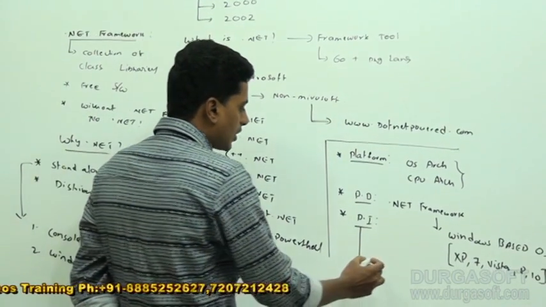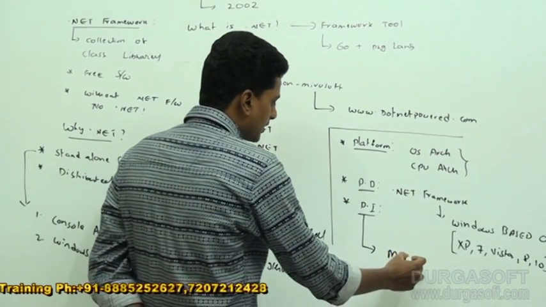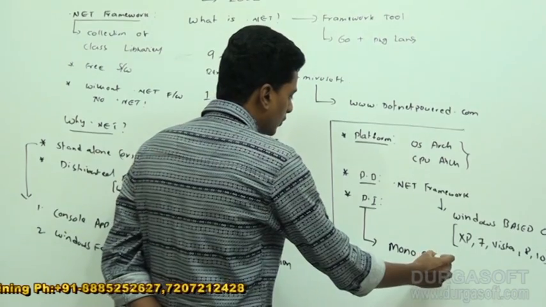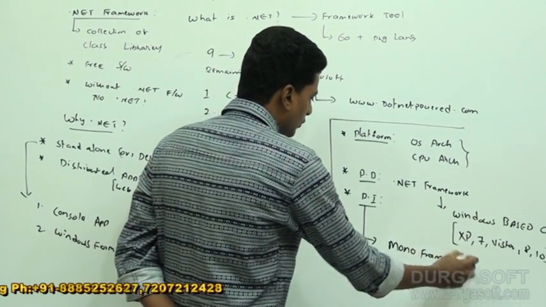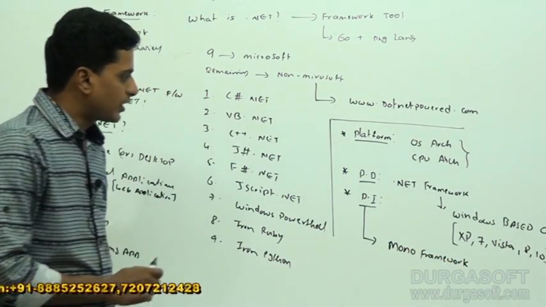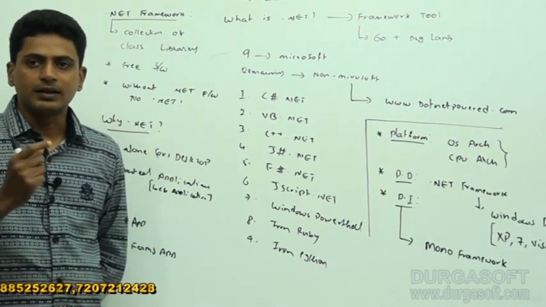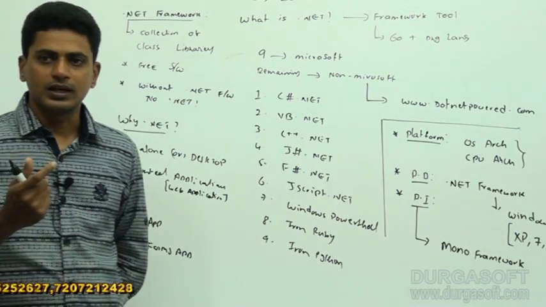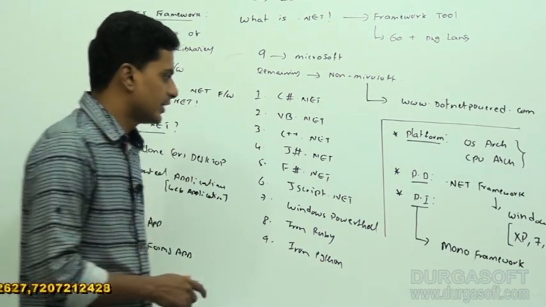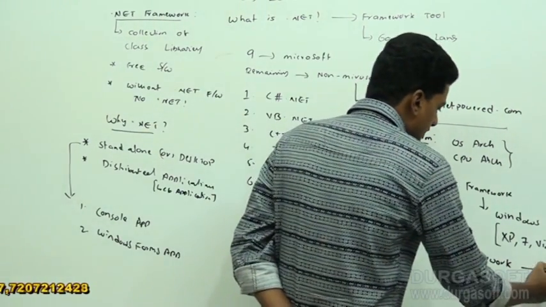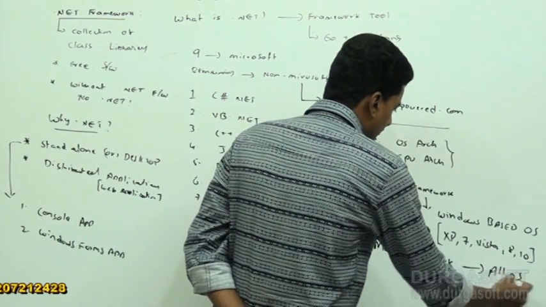Instead of .NET framework, there is a separate framework called Mono framework. So instead of .NET framework, if we use Mono framework, then a .NET application can be able to run on all operating systems, including Windows. So you can see, on all operating systems it will run.